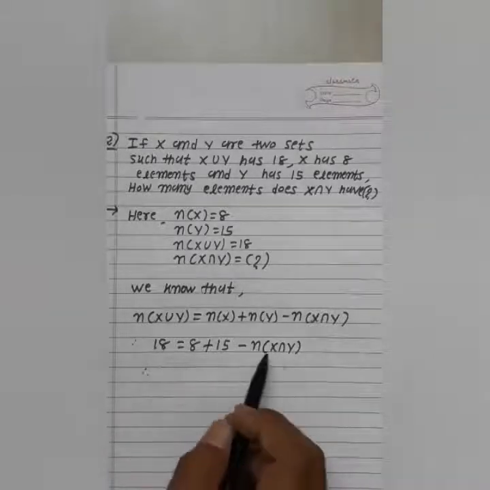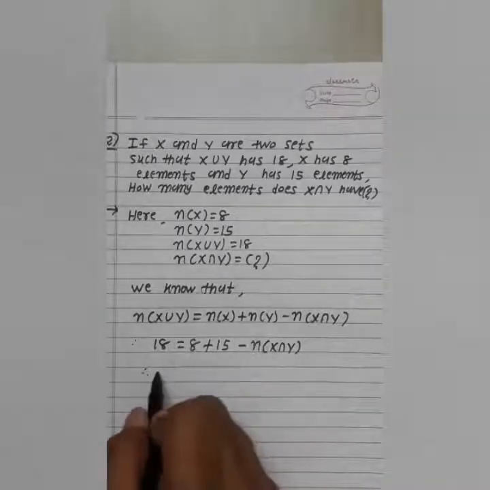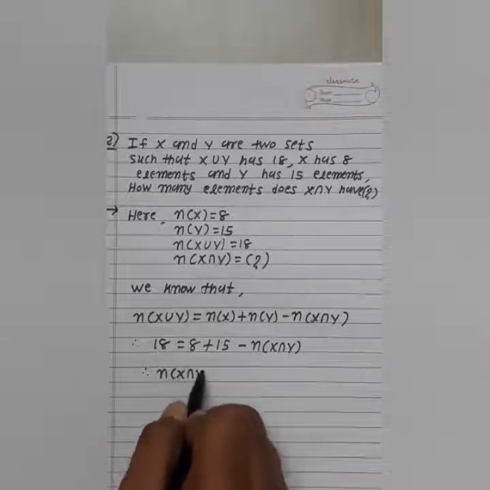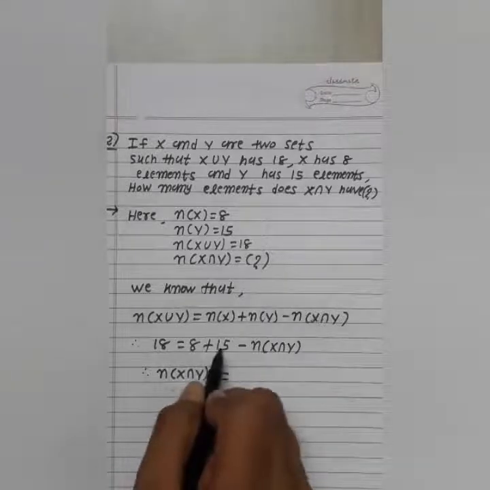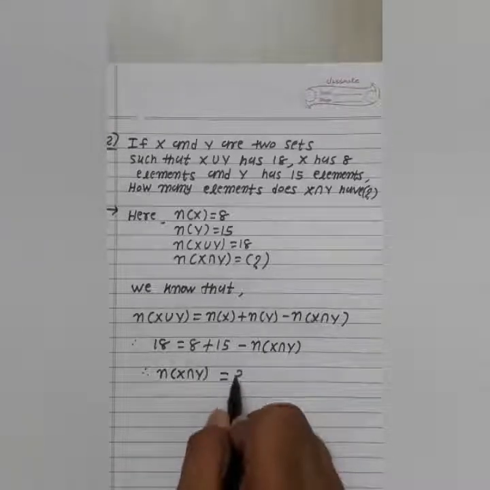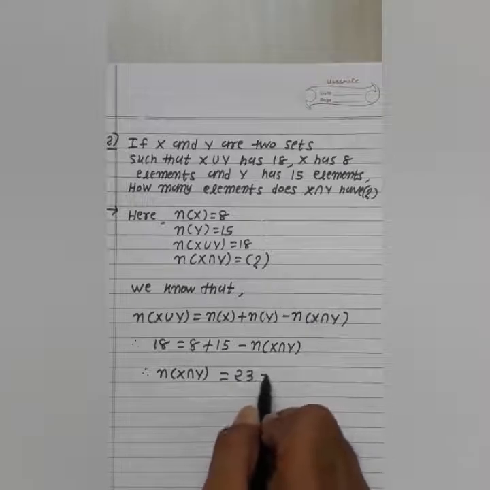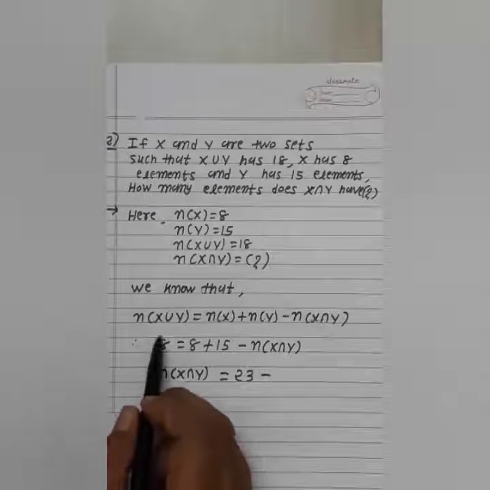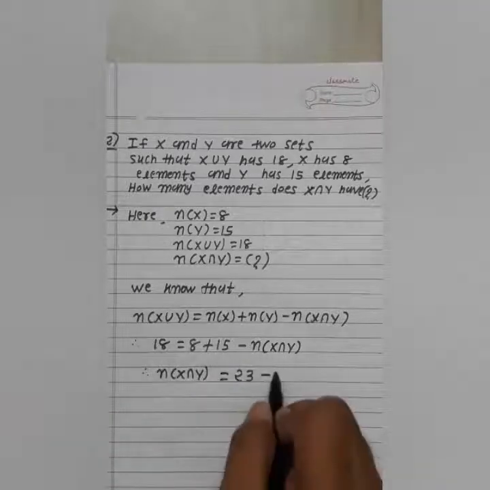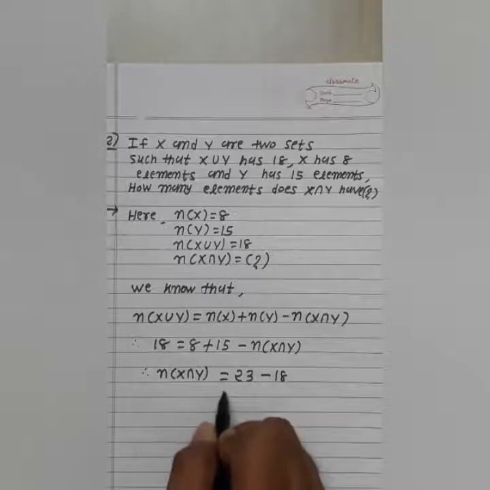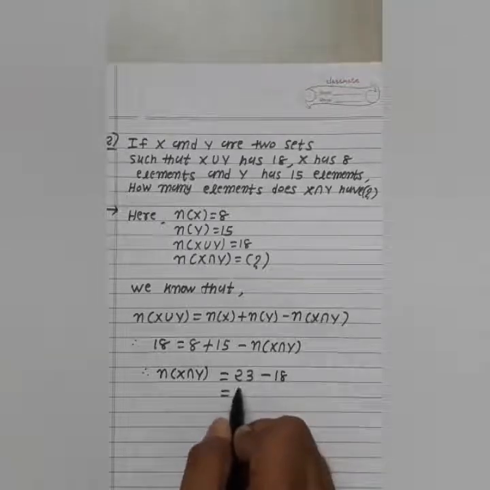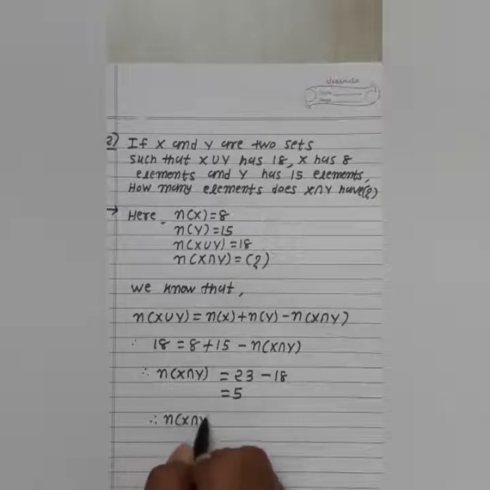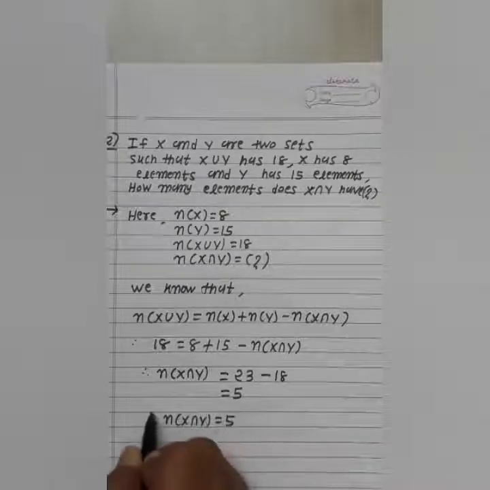This negative term is written on the opposite side, so change the sign. So n of x intersection y is equal to 15 plus 8, that means 23, minus 18. So 23 minus 18 means 5. Therefore n of x intersection y is equal to 5.